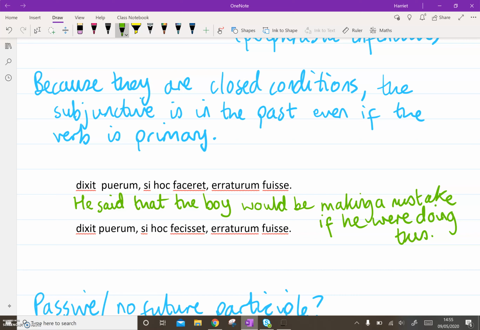You know to translate it as would be making a mistake because it's this weird periphrastic infinitive. Okay, and rather than it being would have been making a mistake, we know that from the faceret, from the imperfect subjunctive that tells us that originally this would have been a present closed condition. Okay, if that doesn't make sense, just compare it to the next example.